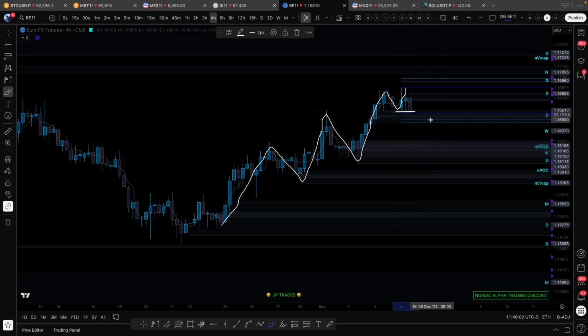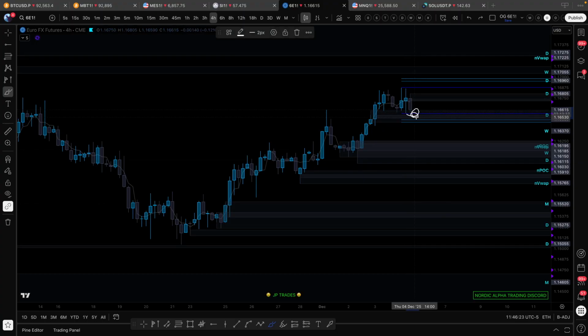So this low is really important that we're running into now on the 4 hour. This could be a 4 hour market structure shift. We've already SFP'd it once here. If we do break below this low, I'm looking for a short to take it lower.